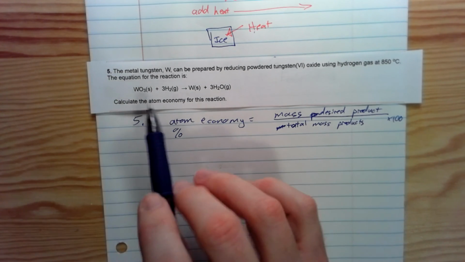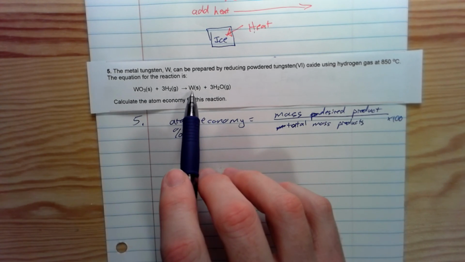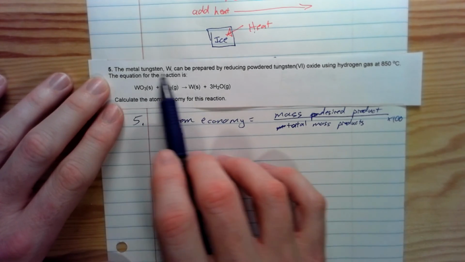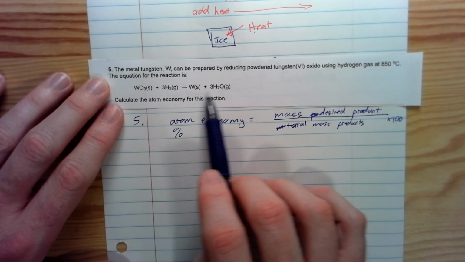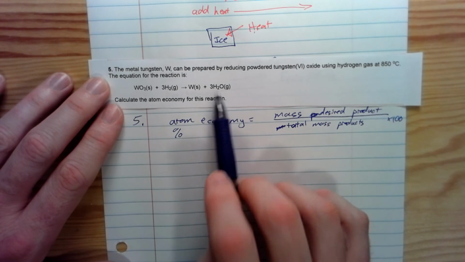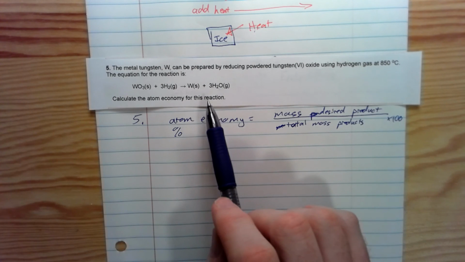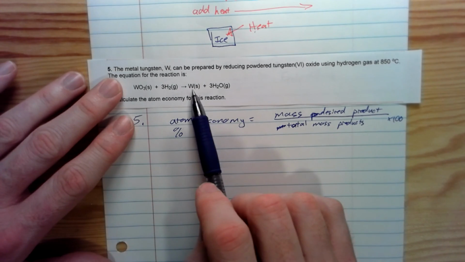Now, basically, what that's saying is that when producing these, if the goal is to produce tungsten, like it is in this example, we are going to end up with some side products, aka byproducts, that's what we call them in America. And we want to produce the least amount of byproduct as possible.